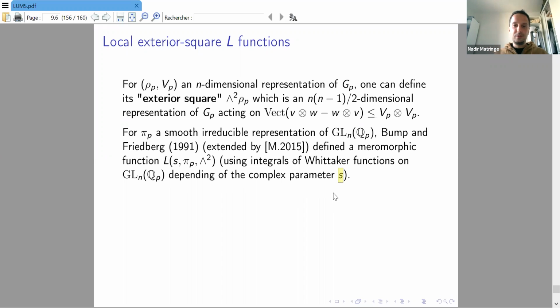These integrals depend on a vector in the space of pi_p, which is a Whittaker function, and they also depend on a complex parameter, and they turn out to be algebraic, or more precisely rational functions in the parameter p^(-s).